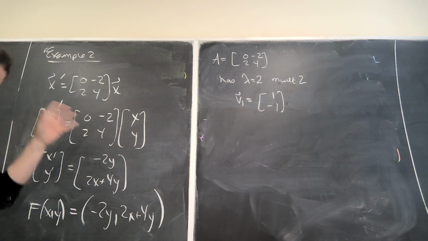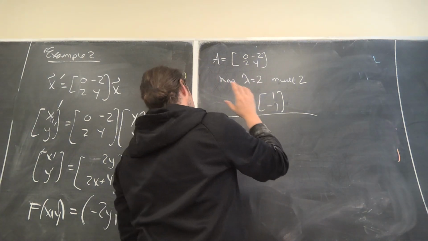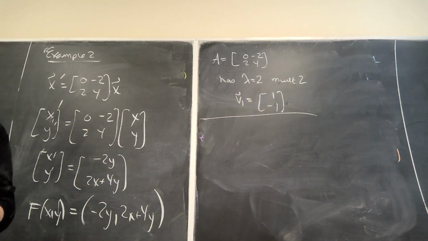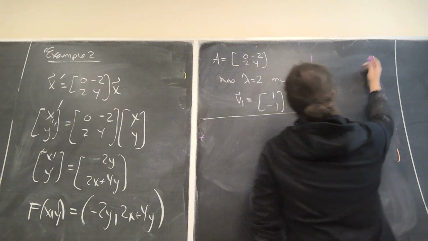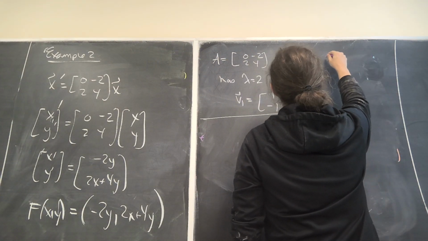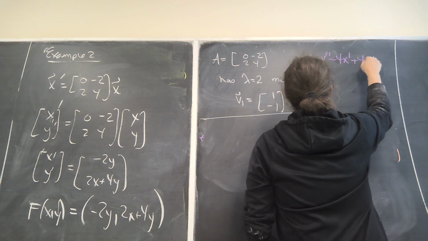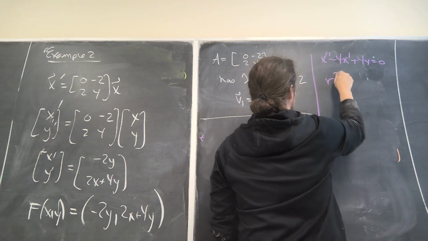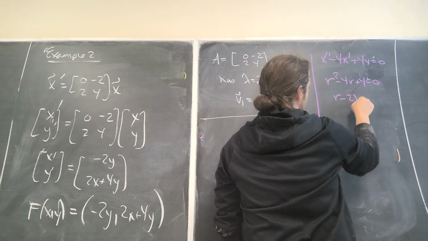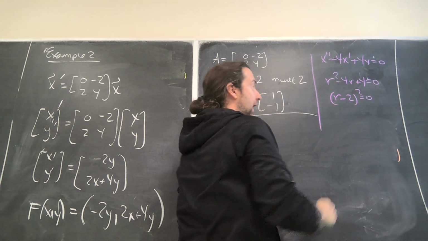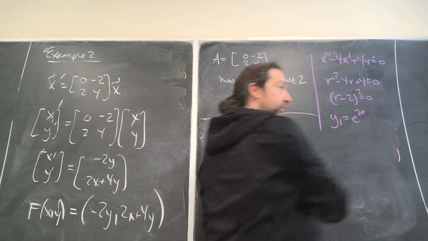So the first thing I'm going to do is show that the solution that we want to be a solution still is one. If we were in the case where we had x double prime minus 4x prime plus 4x equal to 0, I'd write r squared minus 4r plus 4 equal to 0 and get r minus 2 squared equal to 0, and I could immediately write down that one of the solutions was e to the 2t.